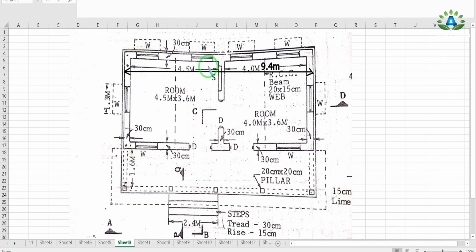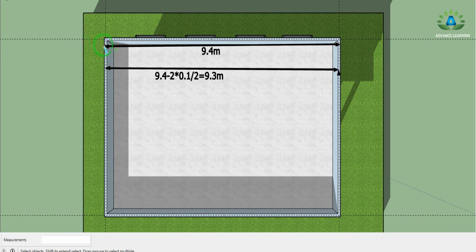So we get this total outer to outer length 9.4 meter, and we need to subtract this small portion, that is, this wall is of width 0.1, so this half portion is 0.1 by 2 from one side and another 0.1 by 2 from this side also, to get its center to center length.